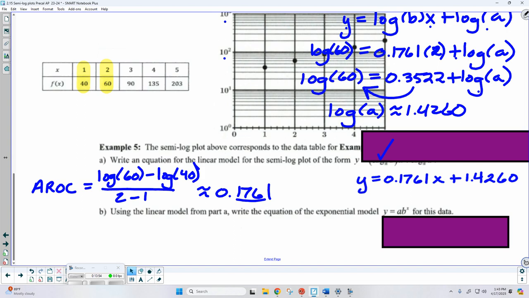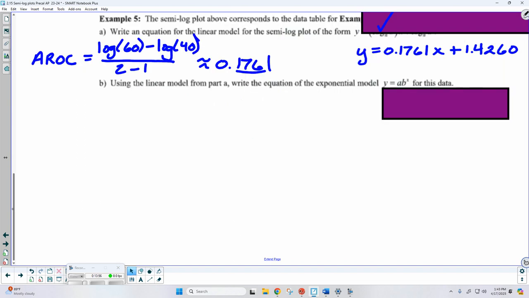So part B, it says using the linear model that we just found, write the equation of the exponential model, y equals a times b to the x for this data. Okay. Well, in the linear model, didn't we already have the variables a and b? In fact, remember your slope was log base n of b, right? Okay.